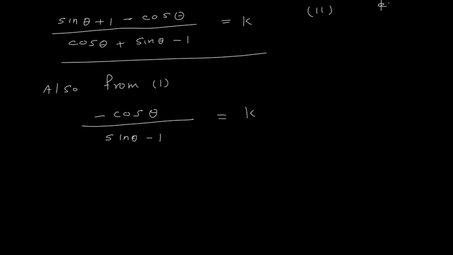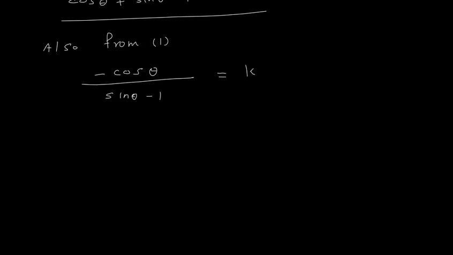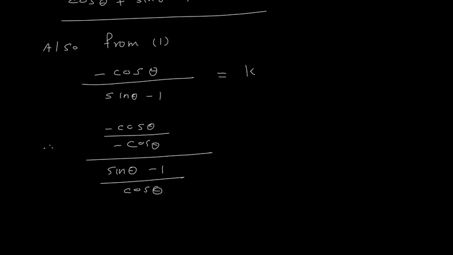So I will divide numerator and denominator by cos theta. Therefore minus cos theta upon minus cos theta, whole divided by sin theta minus 1 upon minus cos theta, is equal to k. Therefore it is 1 upon, sin upon minus cos is minus tan, and minus 1 upon minus cos is plus sec.